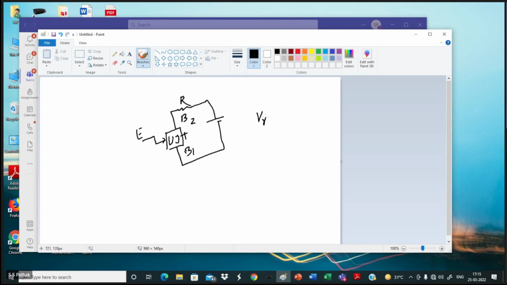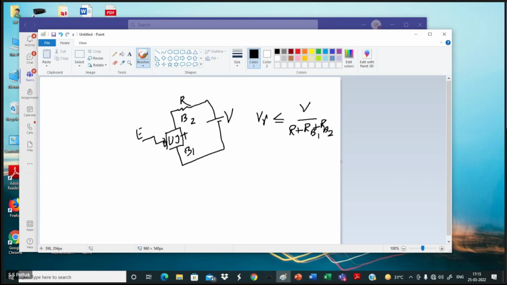what is the value of cut-in voltage V gamma? V gamma should be smaller than or equal to some voltage that is coming at this point. That I have already given. This is my V. So V divided by R plus RB1 plus RB2 into what?